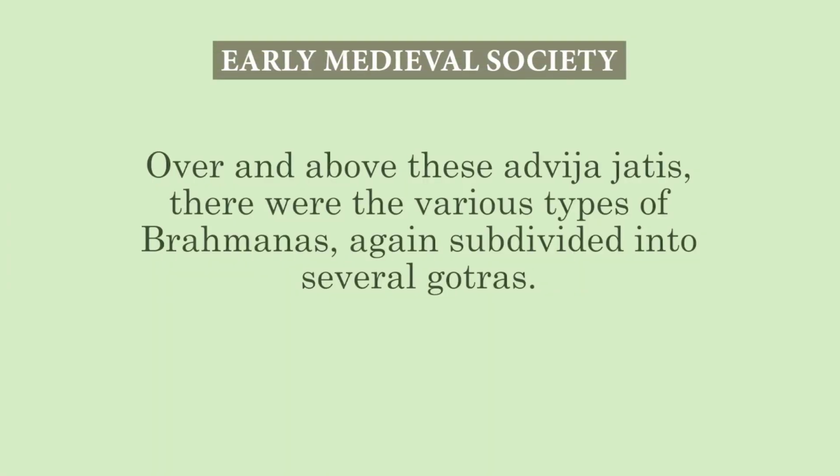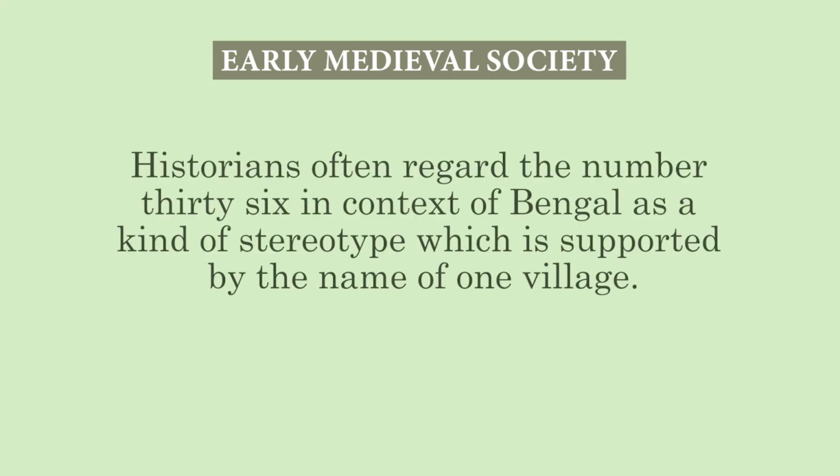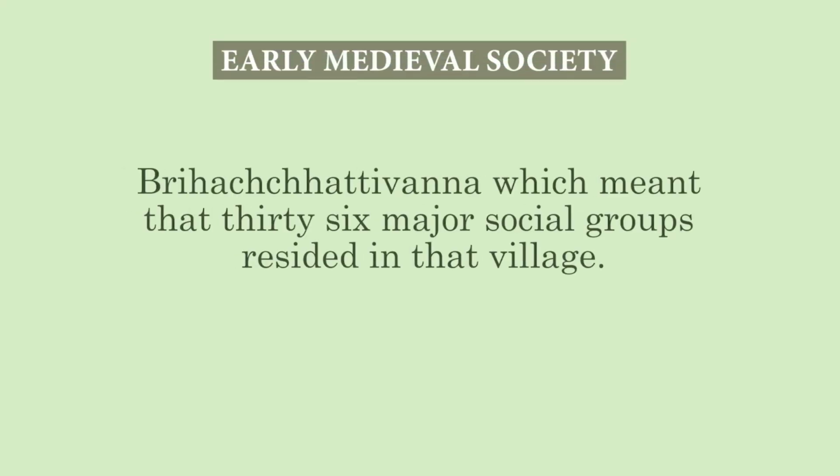Over and above these jatis, there were various types of Brahmins also, again subdivided into so many groups and gotras. Historians often regard the number of 36 in the context of Bengal as a kind of stereotype, which is supported by the name of one village. And what is the name of this village? The name of this village is Brihatchhattivarna.